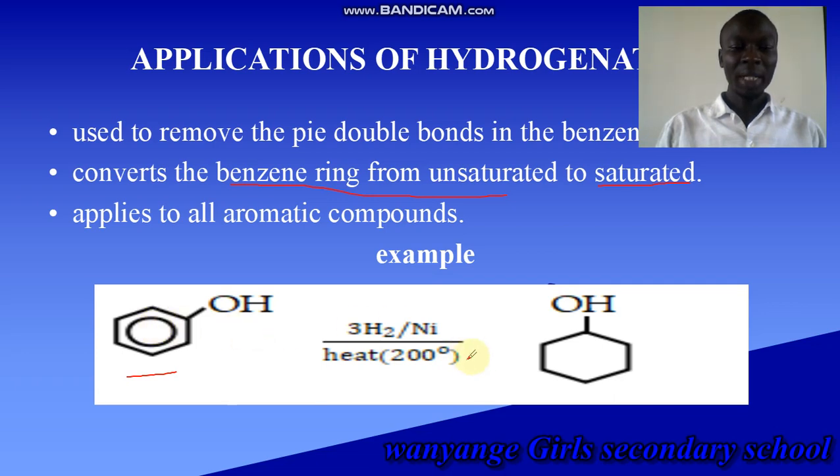But in cyclohexanol, that ring is not there. So to convert, you simply have to react that phenol with 3 molecules of hydrogen in presence of nickel catalyst at 200 degrees Celsius, and that removes the ring inside there. Okay?